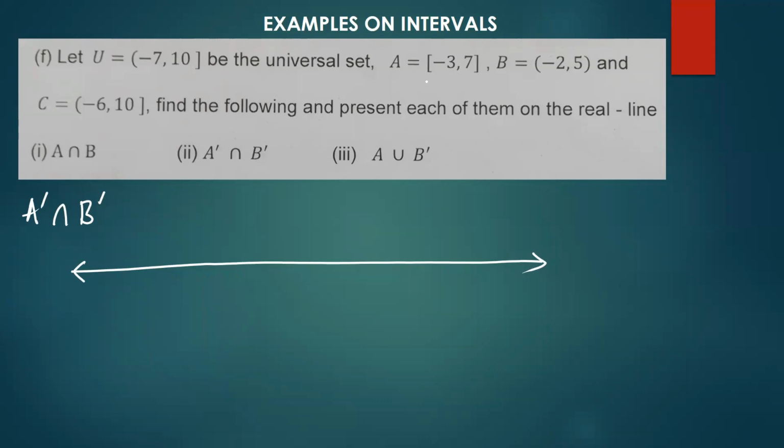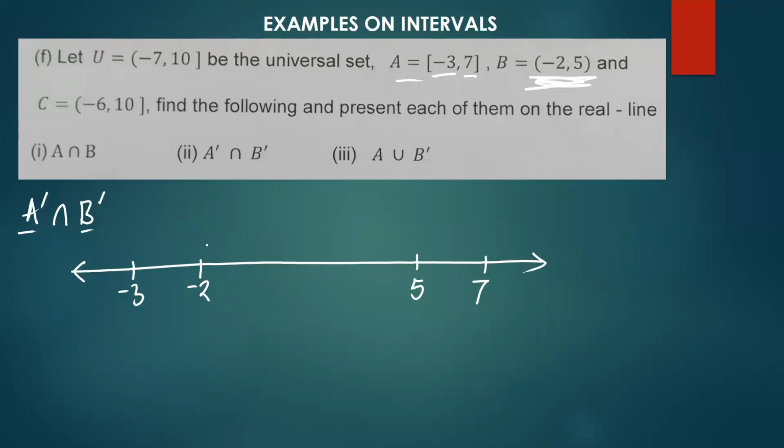Since I'm dealing with set A and set B, I'll just get the numbers from set A and set B. The numbers from set A, we have -3 and 7. So I'm going to put -3 there and what? And 7 there. And then the numbers in set B, we have -2 and 5. So I'm going to put -2 and what? And 5. So I'm going to put the two sets there.